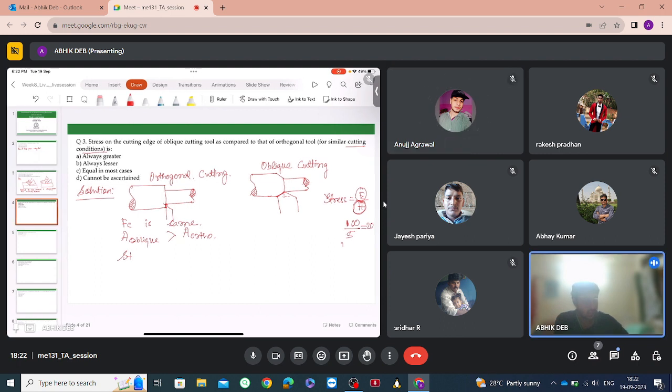Then same for oblique cutting, the force value is 100, cutting force is same, and the area value is more than 5, obviously, let us say 10, whatever it is. Then what will be the stress? 10. Then which one will have a higher stress? Orthogonal. Yes. So the stress in the orthogonal cutting is always more than in oblique cutting for the same cutting conditions. Okay.